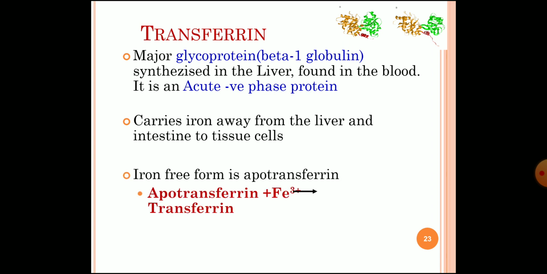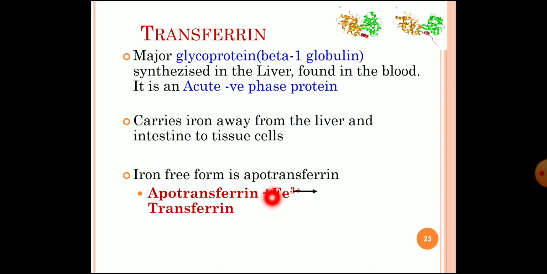The iron-free form of the protein is called apotransferrin. Then apotransferrin combines with ferric iron to form the transferrin. So that is how the transferrin is formed.